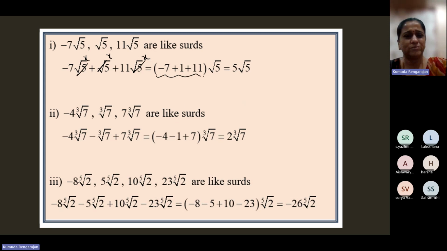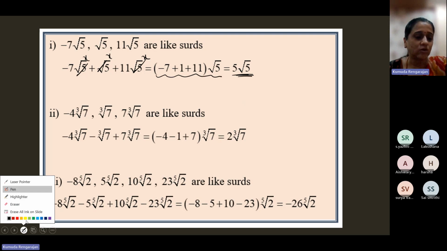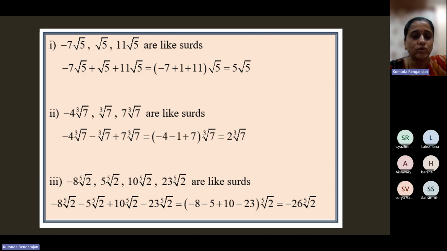I told you this step is just for me to explain, so you don't have to do this always. You can just write the answer straight away. It's like taking out root 5 common. We have root 5 everywhere, right? And so we have minus 7. There's a 1 here.